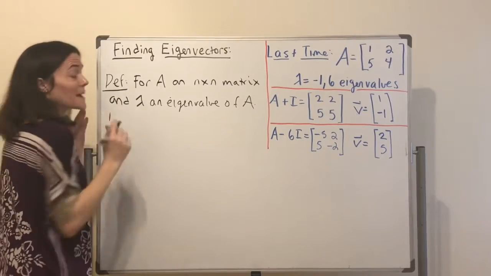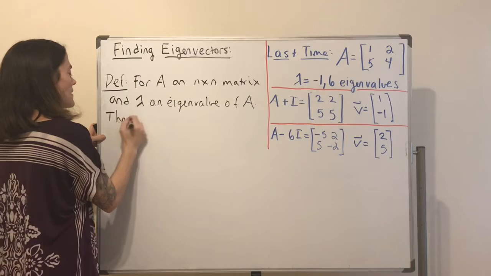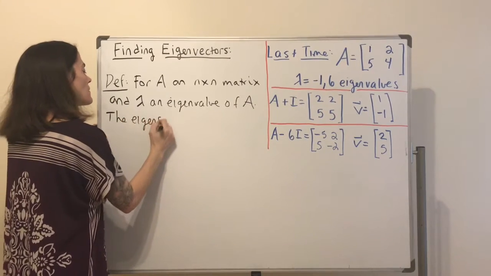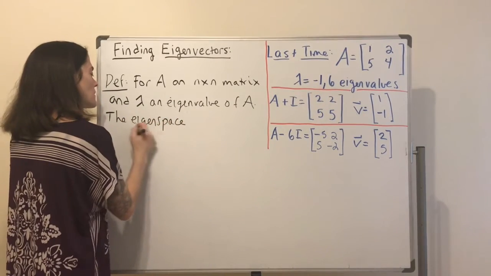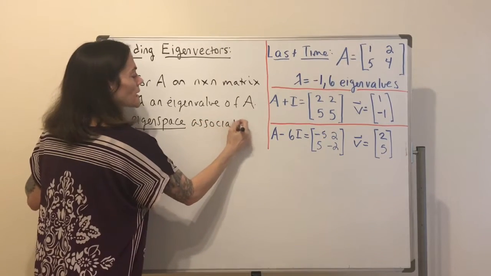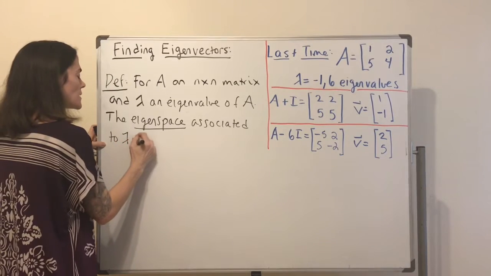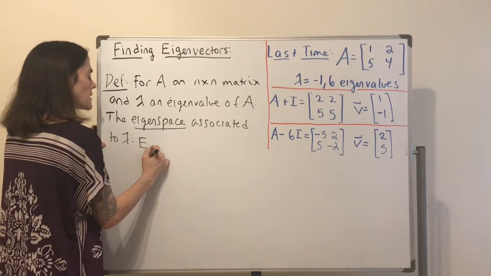Okay, then what I'm defining is the eigenspace associated to lambda. This is denoted E lambda.